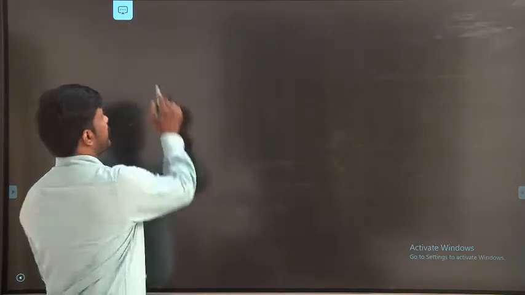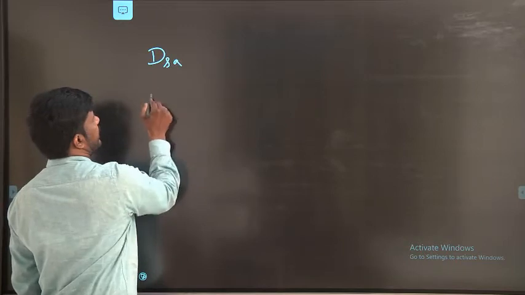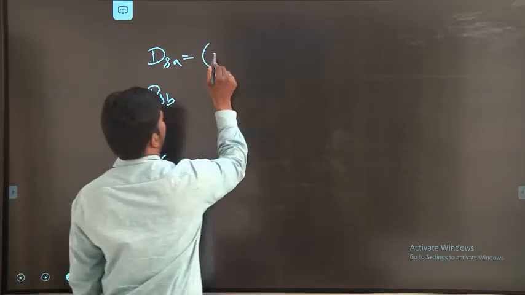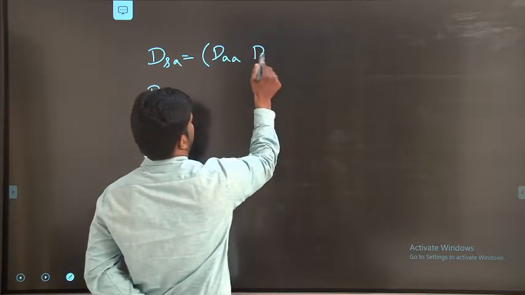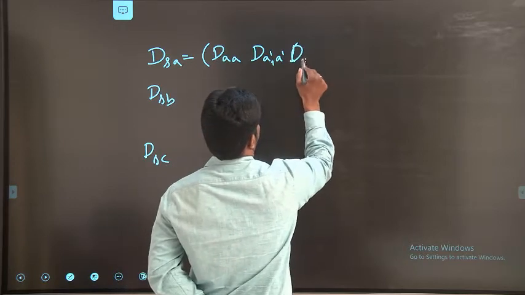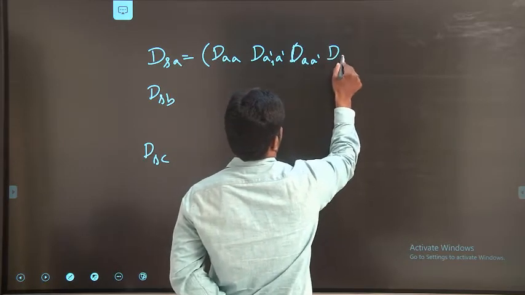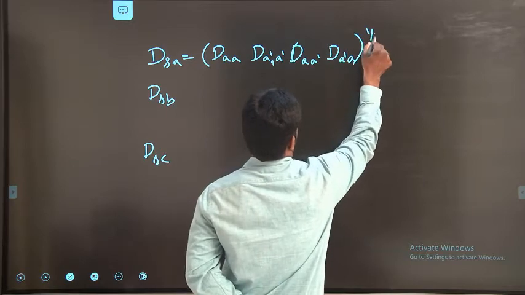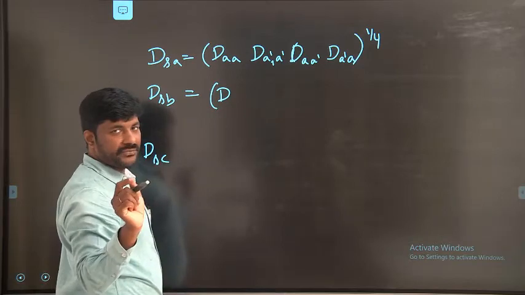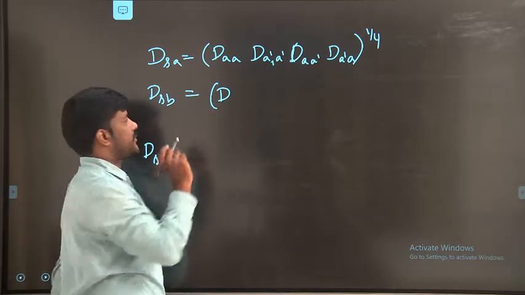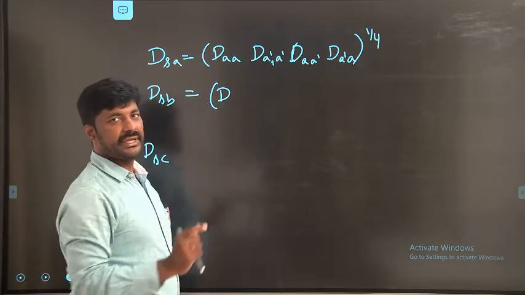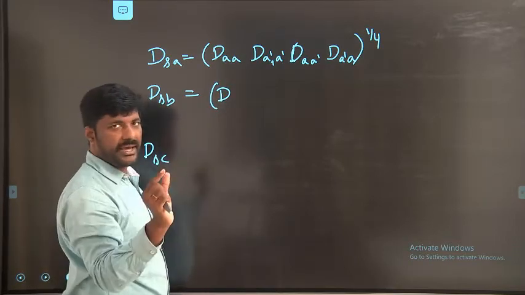Then what are the values of these? DSA, DSB, DSC. Yes, they are self values. DSA is (A A dash, A dash A dash, A dash A, A A) to the power 1 by 4... DSB, I told you, the same letters should be taken for self values. The same letters belong only with A or A dash. Now here it belongs only with B or B dash.